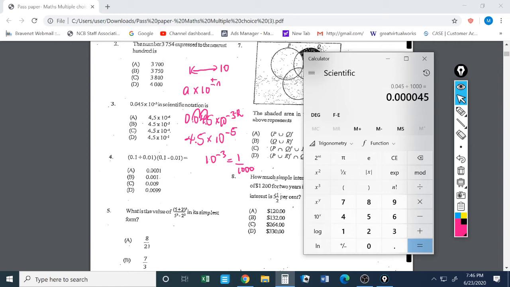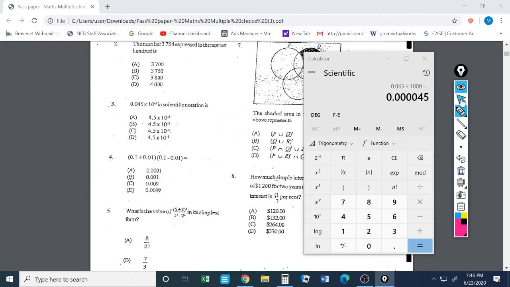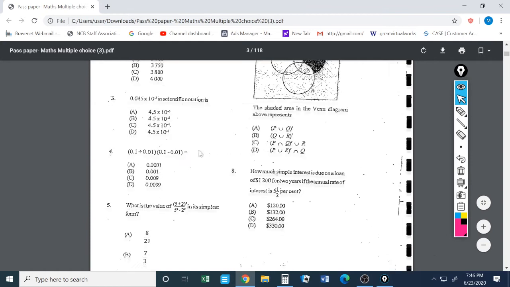If we write this in scientific notation or standard form, we get 4.5 times 10 to the negative 5. So the only correct answer is B. All right, guys. Cool. Let's move on and look at number 4.